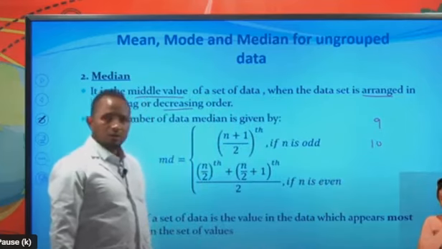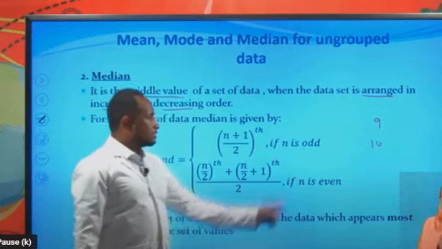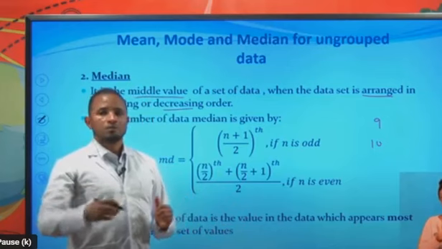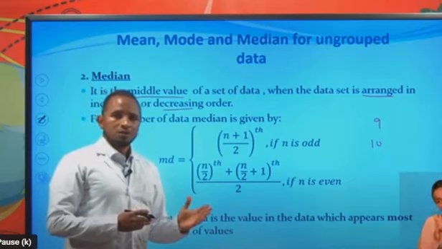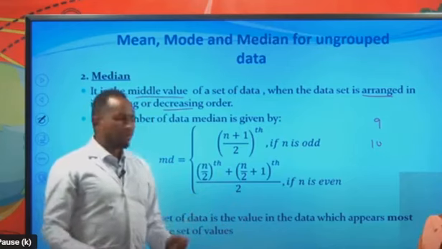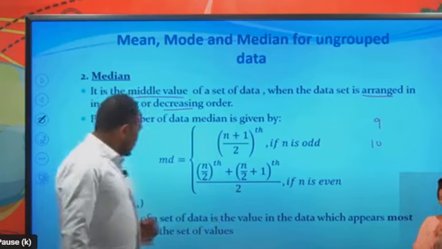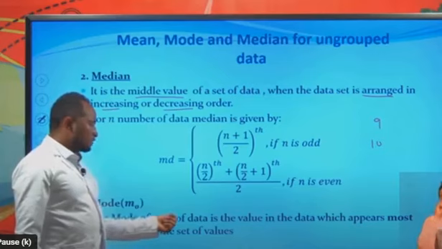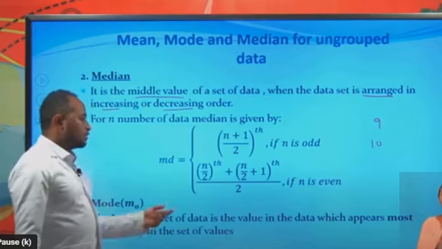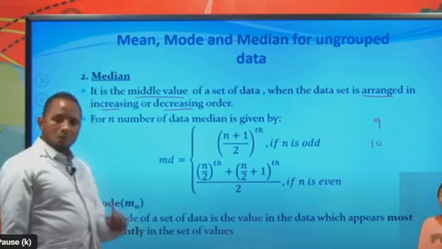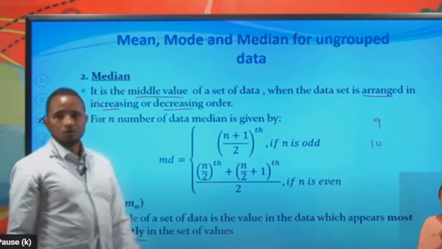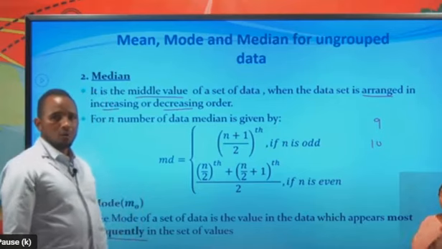The median is found at 10 over 2, which is 5, on the fifth and on the sixth value. So you add the fifth and the sixth value and you divide by 2. Okay, now mode. The mode of a set of data is the value in the data which appears most frequently. The data which is found most frequently, we call this mode.